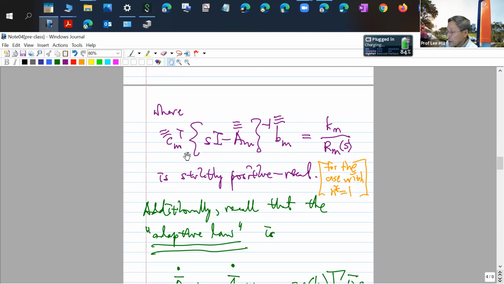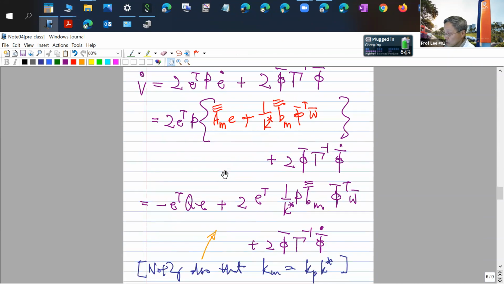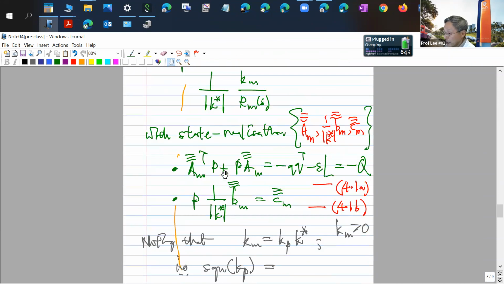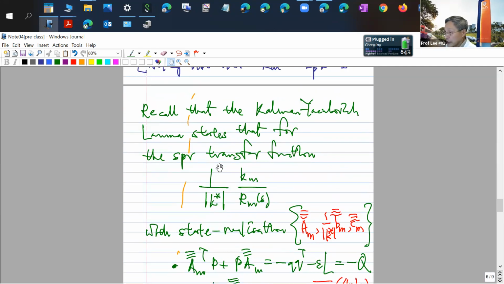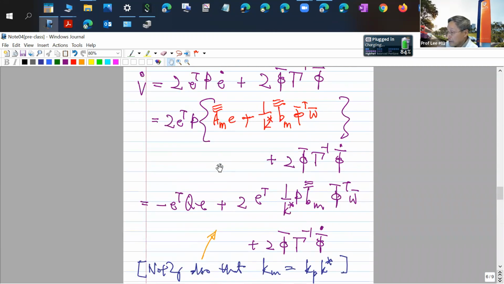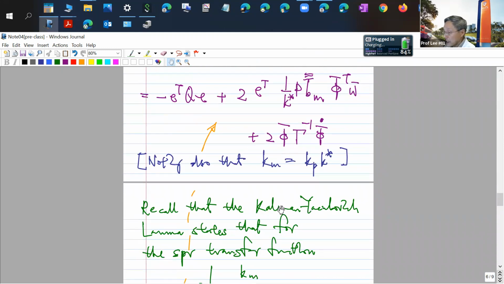So remember, the P that you calculate, from the Kalman-Yakubovich lemma, you take the P that you calculate, multiply by the BM triple bar, and it should be directly equal to the CM triple bar, with the scaling, because the scaling is such that we have a 1 over K star down here.